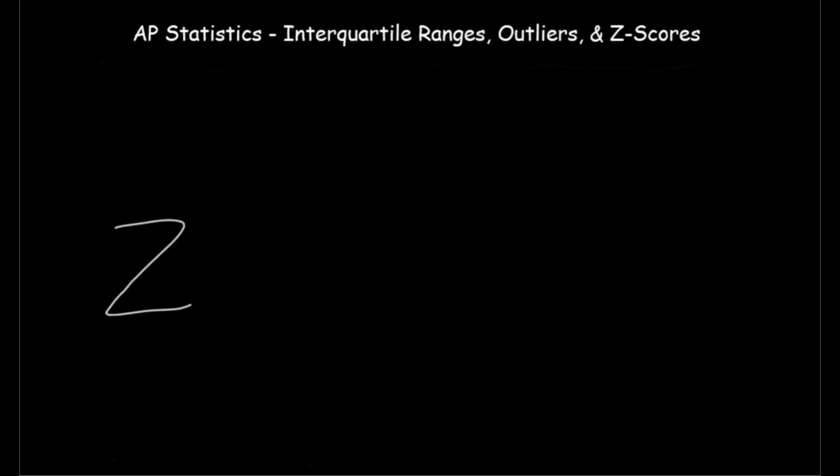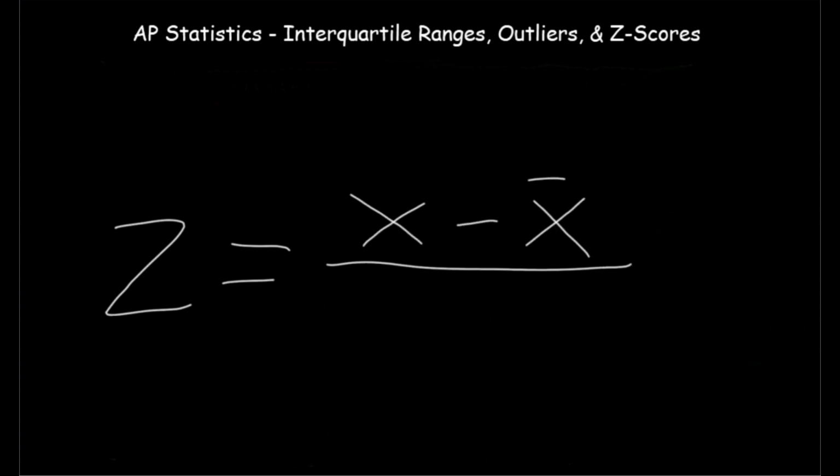So for z-score, the formula is going to be any data point minus the mean, divided by the standard deviation. I'm not sure if I went over this in the last video, but this is the formula for z-score, okay? I'm going to put it up here just for future reference.